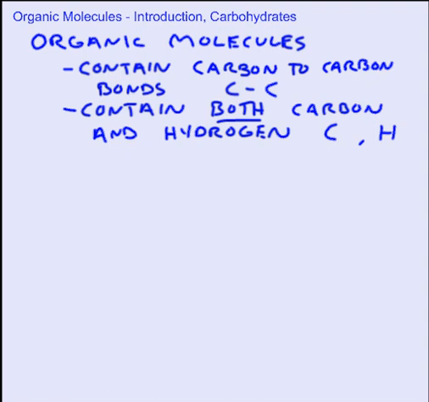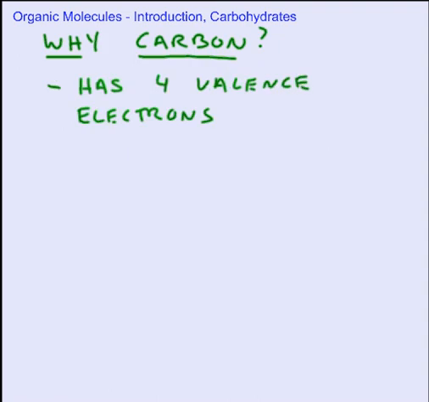I think it would be important to mention at this point why carbon is such an important element in all living things. Why are we carbon-based life forms on this planet? Carbon contains four valence electrons in its outer energy level. Its Lewis dot structure, or electron dot structure, would look like this.